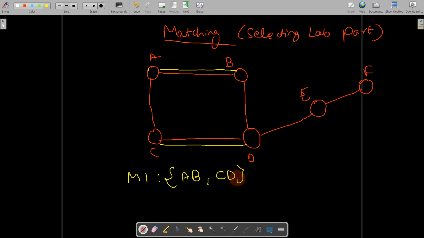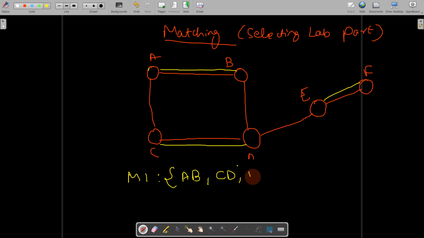Now we will see the concept of a maximal matching. Note, in this set AB, CD from the graph, can we make any more lab partners? Yes, we can make EF as lab partners. In this set I can add EF, and no two edges have a student in common, right?